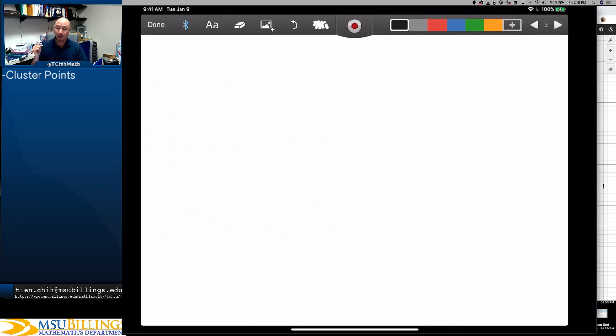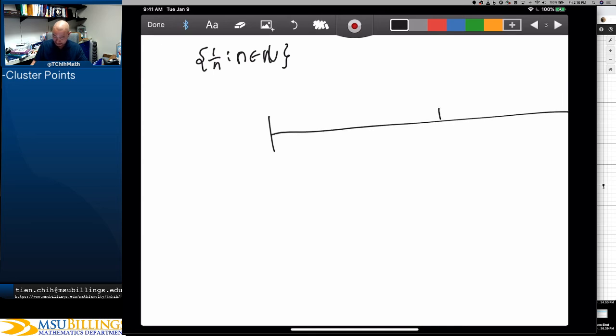So maybe one last example to look at would be something like the set 1/n such that n is a natural number. And so we have some sense of what that looks like. That's 1, 1/2, 1/3, 1/4, and so on and so on.